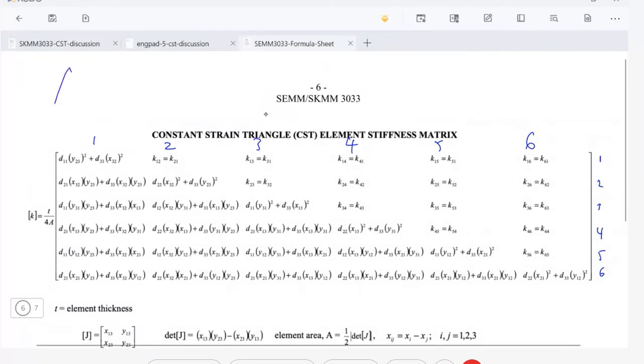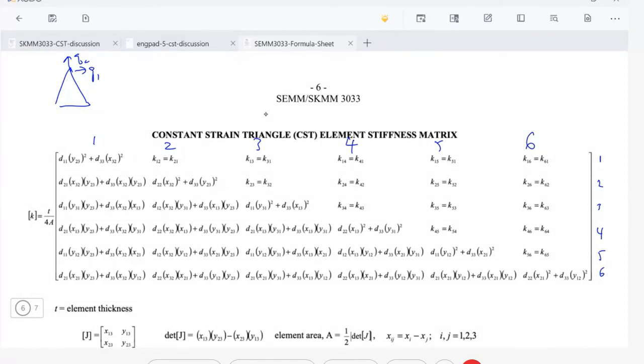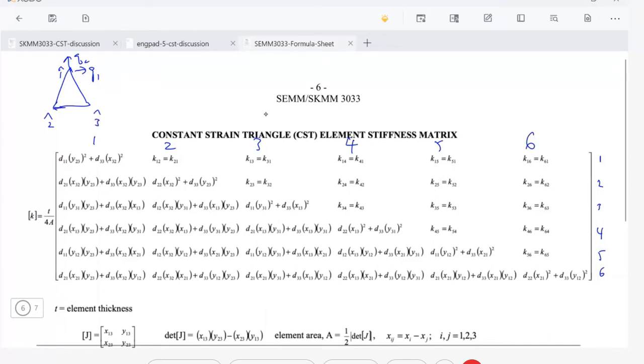Because for CST, we know that we have node 1, and for node 1 we have Q1 and Q2. Note that I'm using small letter q here because it is the element level and not the global level. So this is local node 1, local node 2, and local node 3, with Q3, Q4, Q5, and Q6.